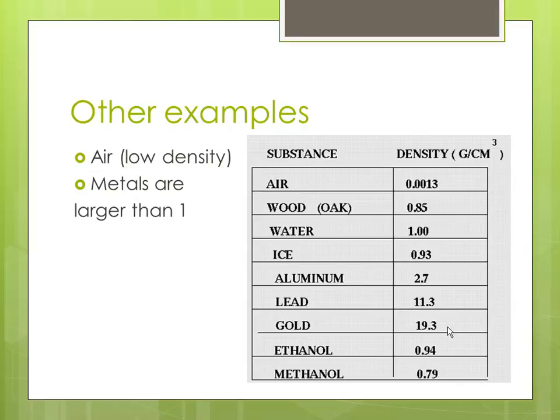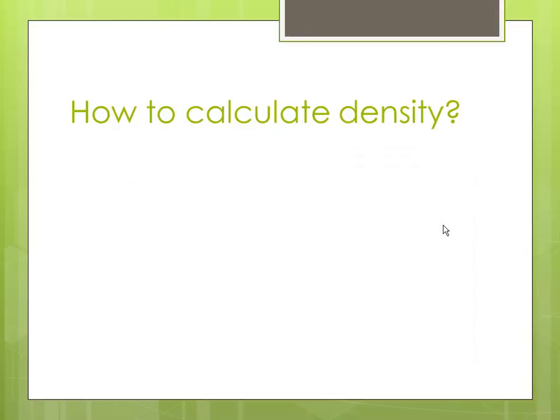So for gold, if you had 19.3 grams, its volume would be 1 milliliter, or 1 centimeter cubed. Wood is less than 1. See here, oak is 0.85. That means it would float in water, which wood does.